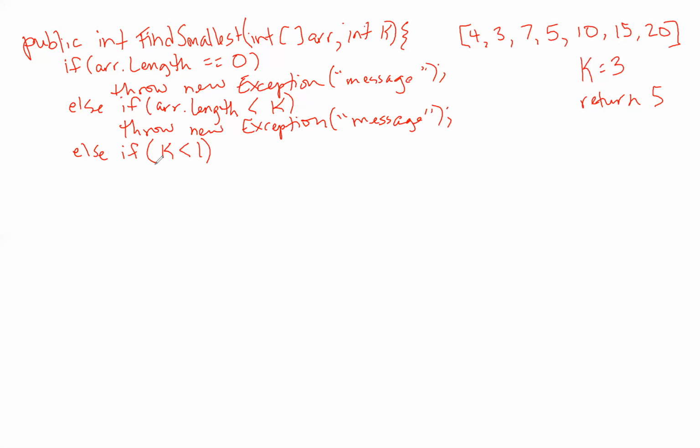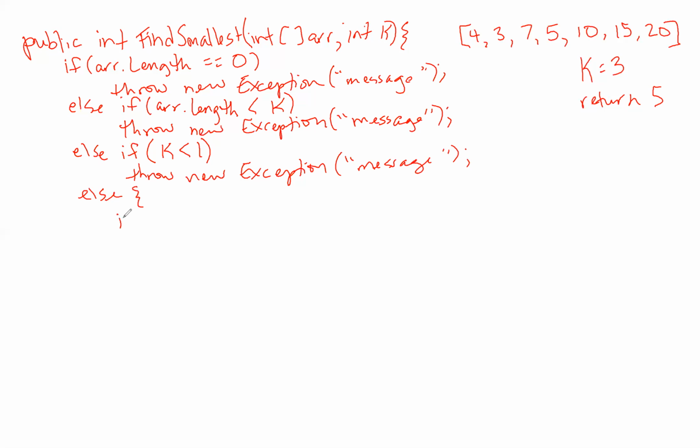So if k is less than 1, we can throw an exception as well, letting us know that k is invalid or too small. Otherwise, we can go into our algorithm.